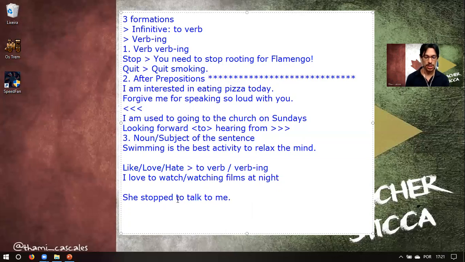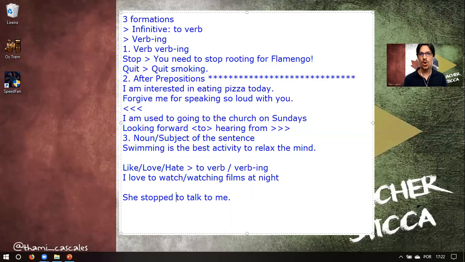For example, she stopped jogging to talk to me. So imagine somebody running, a girl jogging, and then she sees me, hey, and then she stops jogging to talk to me. So she stopped to talk to me. So you see that there is a difference in meaning when we use the ing or the to verb in this situation here. Is this very common?